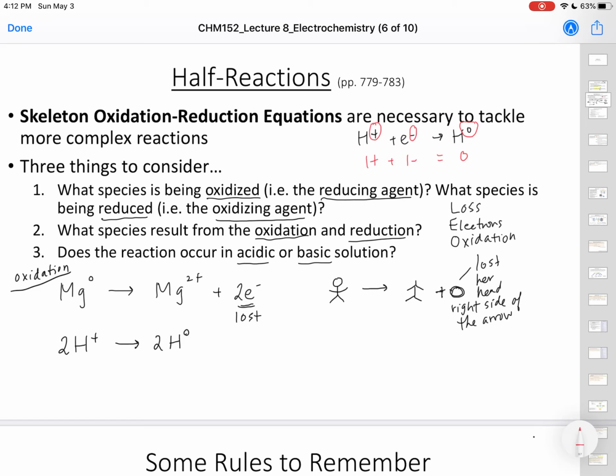So if you have 2 of these H's, each one needs to gain an electron. So overall, there is a gain of 2 electrons, but each hydrogen gains 1.